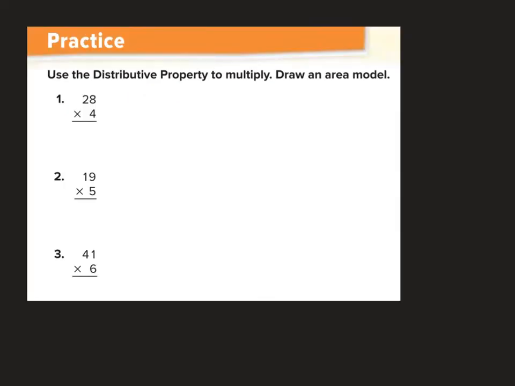And here we go. Use the distributive property. Draw an area model. So 28 times 4. So I'm going to do 4 times 20 plus 4 times 8. Okay. 4 groups of 20. 20, 40, 60, 80. 80.